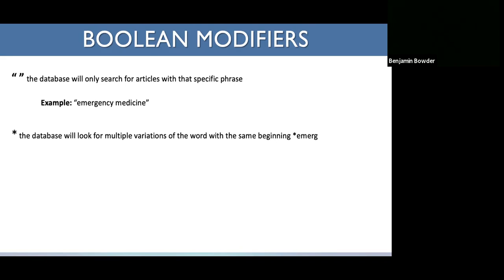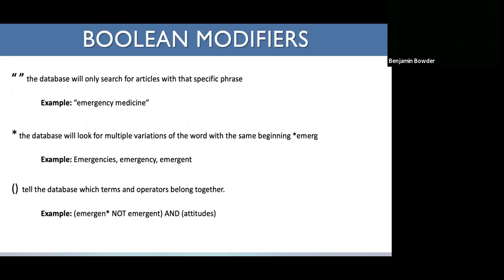So if we're thinking about emergency, emergent, then we would put an asterisk after E-M-E-R-G, and we would get these different variations of the same word. And then if we wanted to use parentheses or brackets, that would tell the database which terms and operators belong together. So if we wanted to look at emergency but not emergent, and attitudes, it would allow us to sort of fine tune how we organize our search.